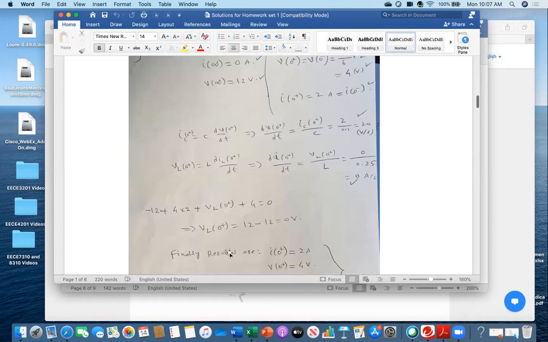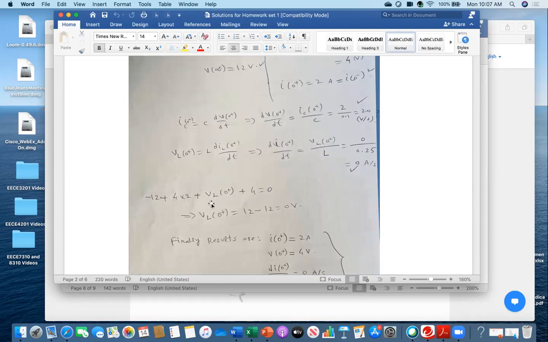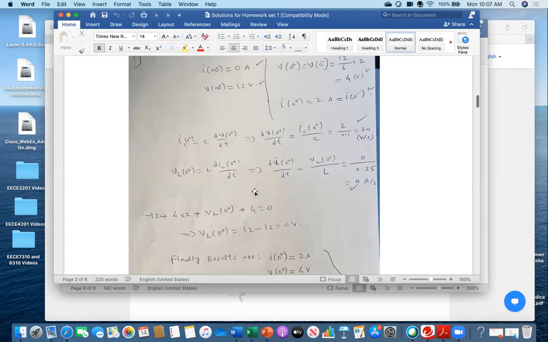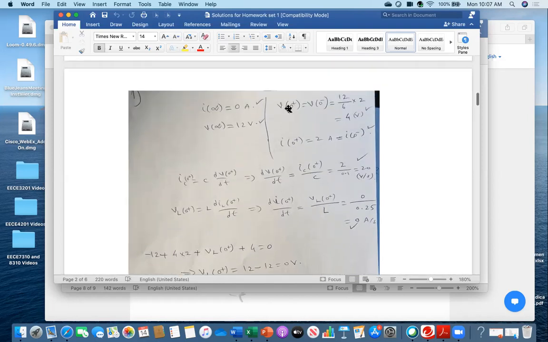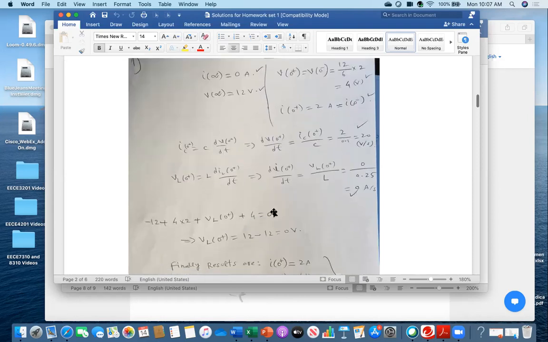I just left VL0 plus as it is. And the voltage V0 plus is 4 volt, equal to 0. So from here, 12 goes there: 4 times 2 is 8, plus 4 is 12, so minus 12. So VL0 plus is 0 volt.